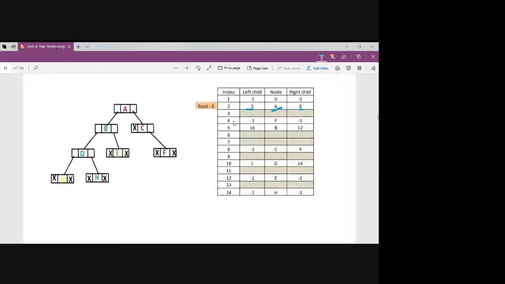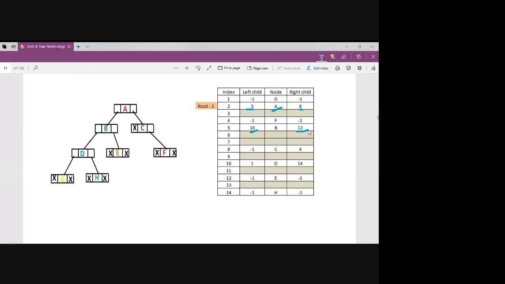Similarly, when I go to the next one, B, you look where D is: D is in 10. So B's left will hold the address 10, and E is in 12. This is some sort of address, just given for representation, that's all.